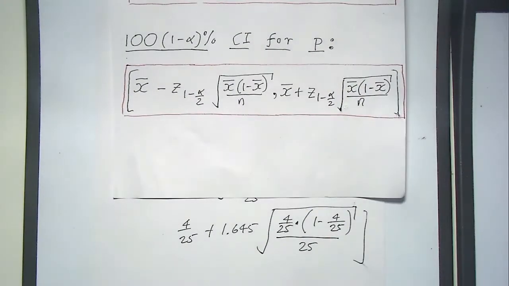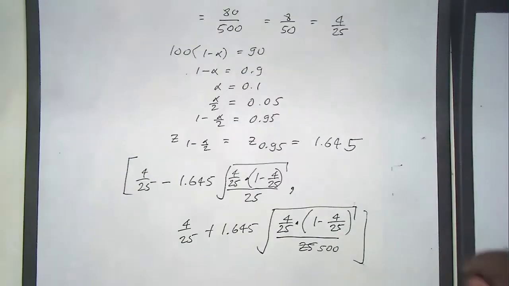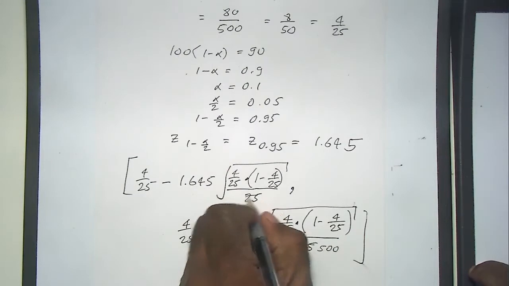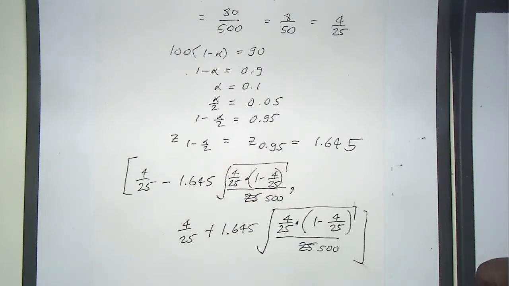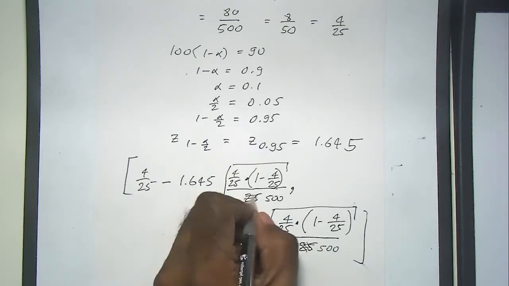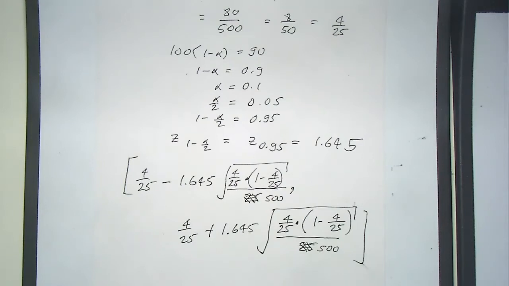Yeah, sorry, stupid me. I'm sorry about this. It should be 500. Yeah, thank you for pointing it out. It should be 500, not 25. Thank you.